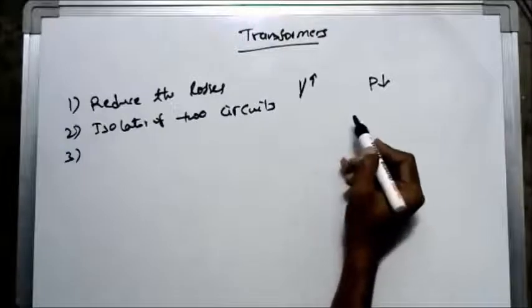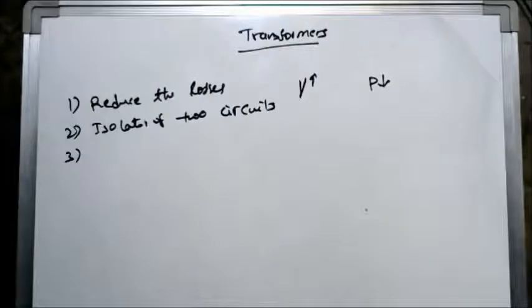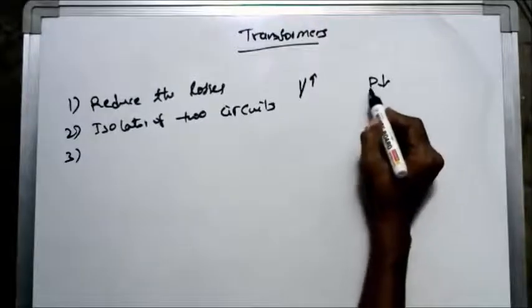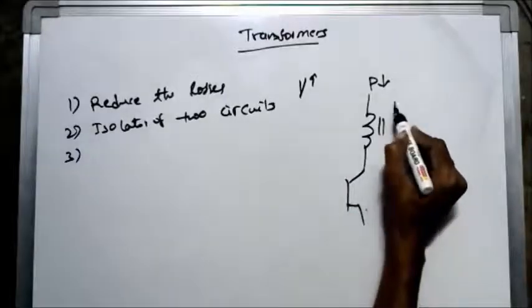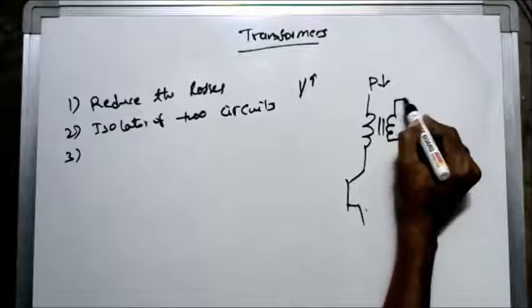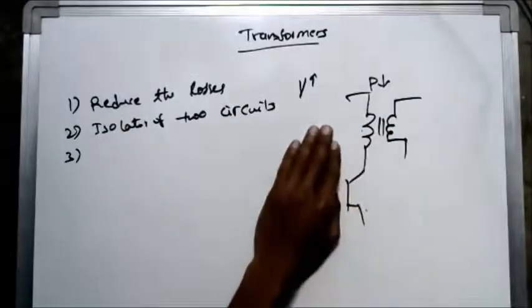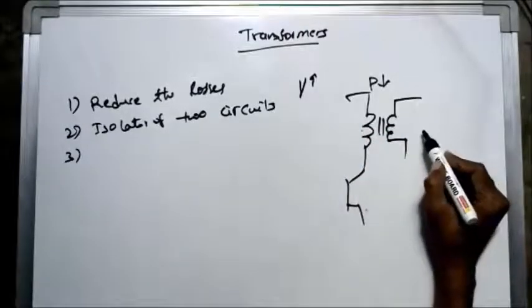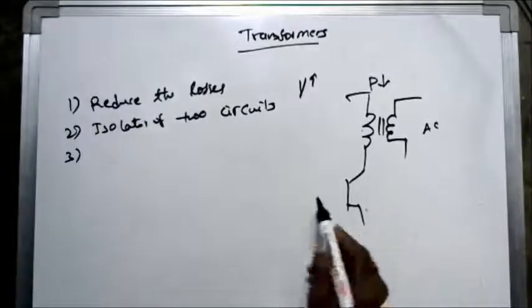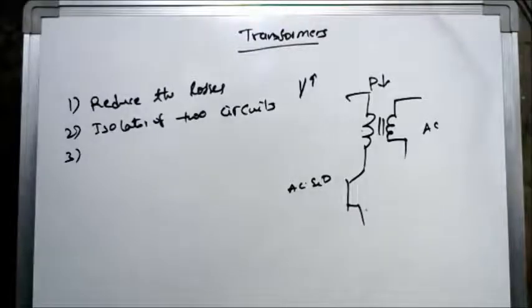In a transformer coupled amplifier, we will see a coupling transformer and a collector winding, which is a transformer that separates the DC part from the AC part. So in this we will get only the AC signal. It has AC and DC. So this is one of the uses of the transformer in electronic circuits.